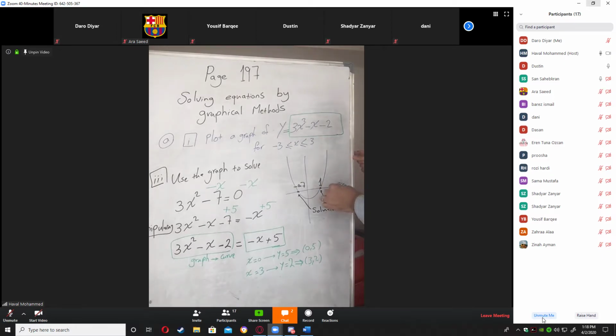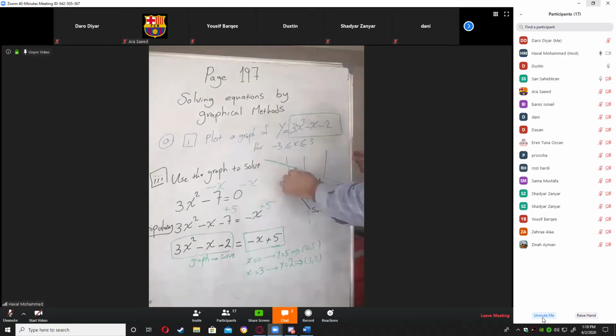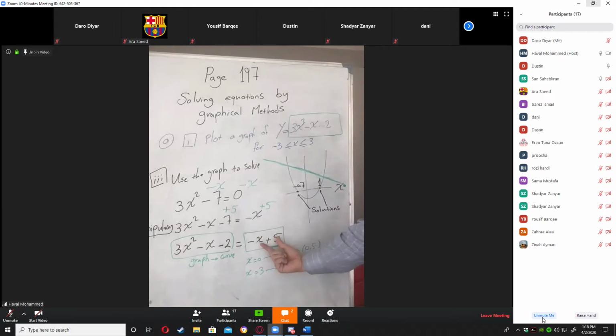Then what you get is that straight line. And if you check your book, maybe my drawing is not accurate, but the drawing in your book is accurate. Can you see a straight line? That straight line is for this equation, for that part.